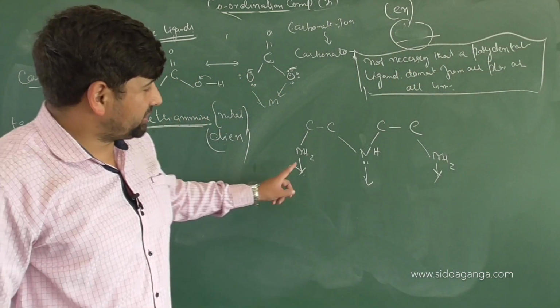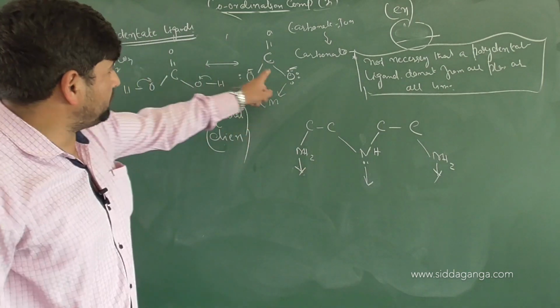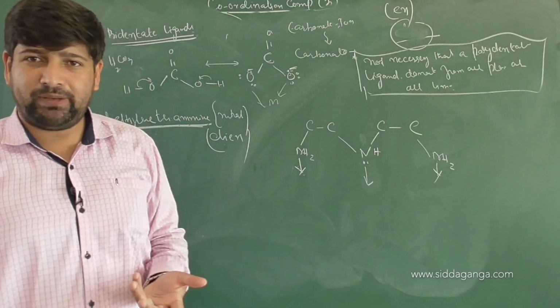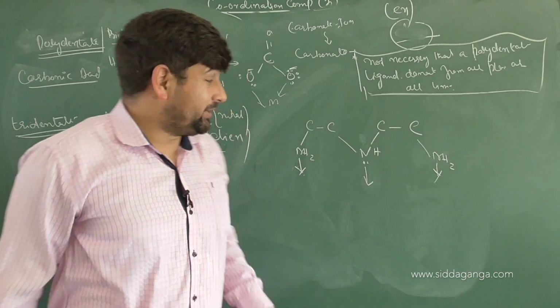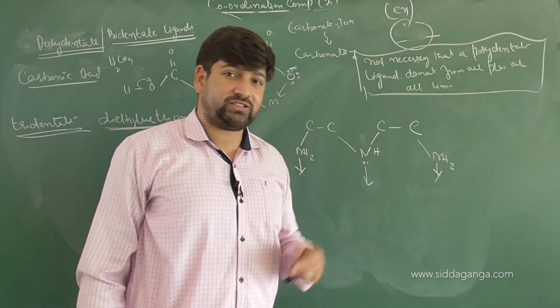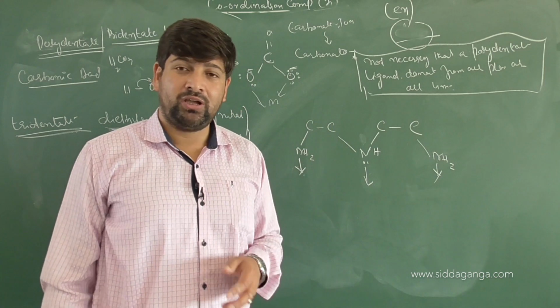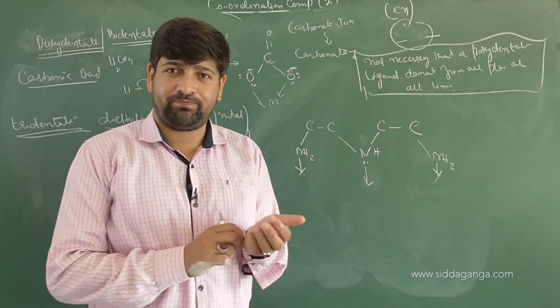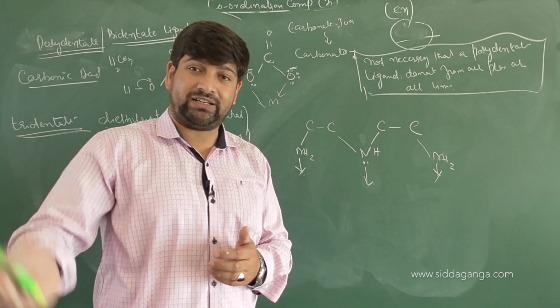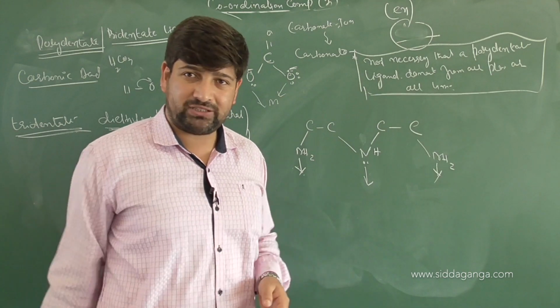If there are 3 places of donation, 2 places of donation, if there is 1 place of donation, there is no other go. So if there are 3, 2, 4, 5 or 6 places of donation, denticity is 2, 3, 4, 5, 6, and ligation is from different places.